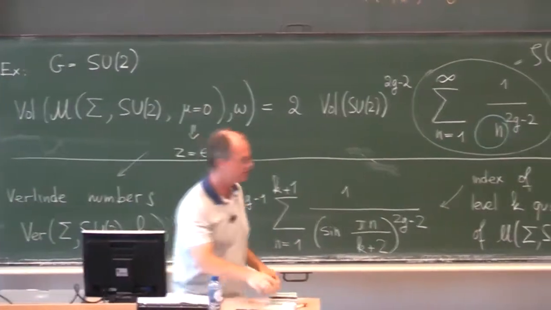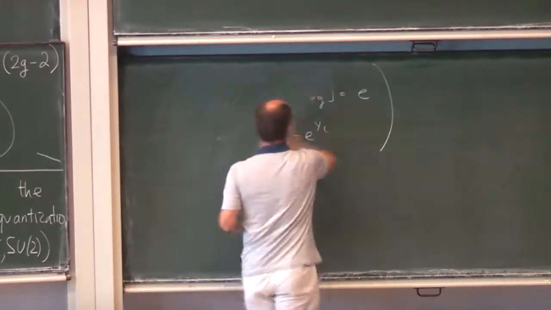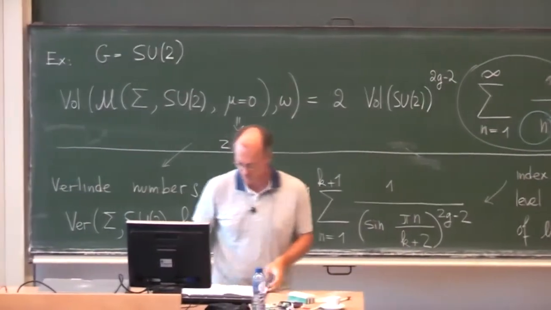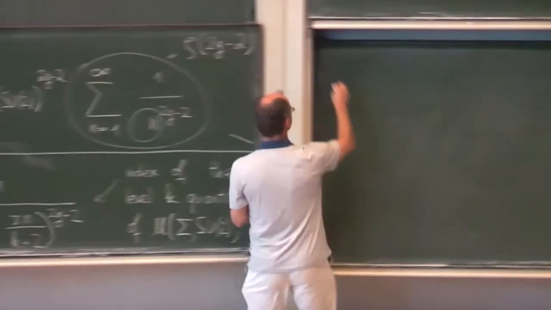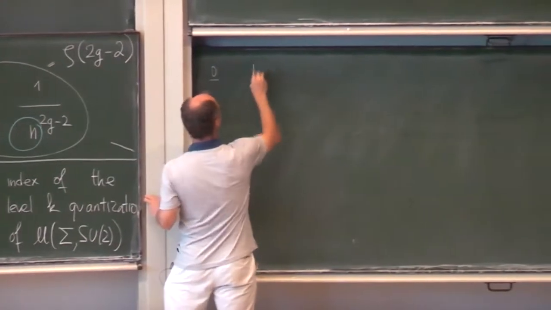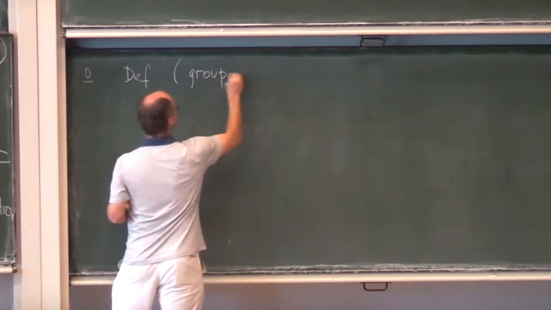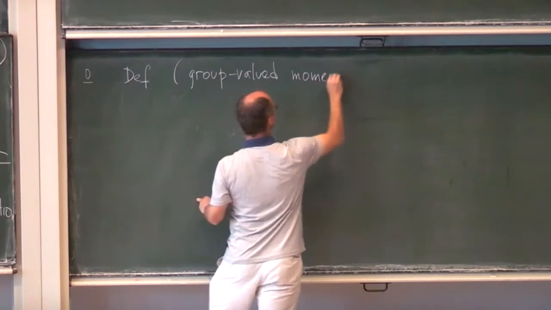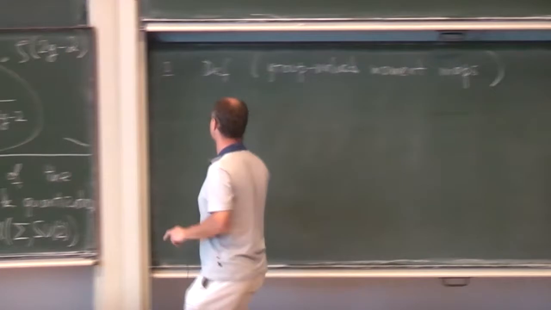So step 0 is to extend the definition of Hamiltonian spaces such that we can acquire spaces with vanishing cohomology, compact spaces with vanishing cohomology. Okay, so step 0. So this is a definition of so-called group-valued moment maps.